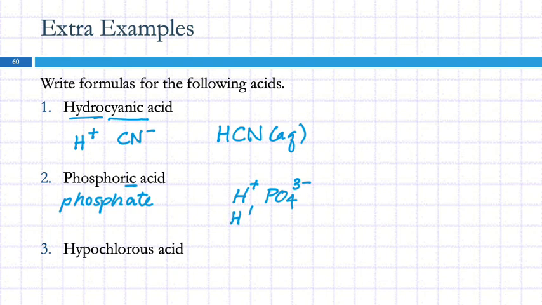We need 3 hydrogens, so it's going to be H3PO4 aqueous. Because all of the acids have the cation hydrogen with a +1 charge, the number of hydrogens is just the number of the charge. This is 3 minus, so it's going to have 3 hydrogens. 1 minus has 1 hydrogen. 2 minus has 2 hydrogens.